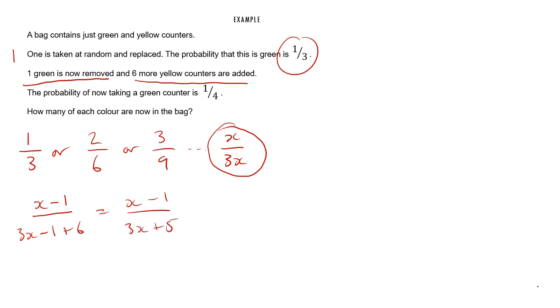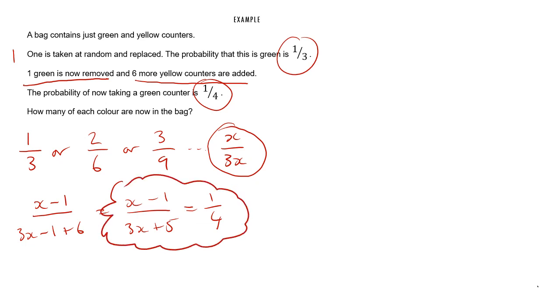And we're told that the probability of now taking a green counter is 1/4. So this is equal to 1/4, and we need to solve this to find x to then be able to fully answer the question. So if we multiply both sides by 3x minus 5, sorry, 3x plus 5, and if we multiply both sides by 4, we get this equation here.